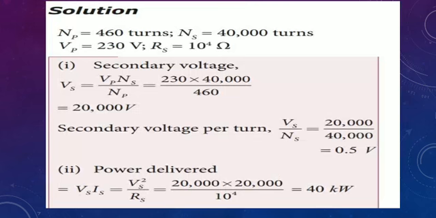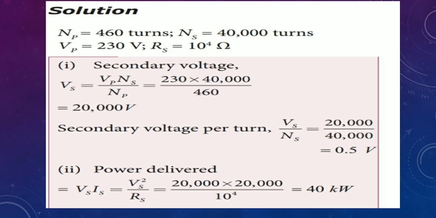Okay students, how to calculate? It is easy. From the question, the number of turns in the primary is 460, the number of turns in the secondary is 40,000, the primary voltage is 230, and the resistance is 10 power 4 ohm.